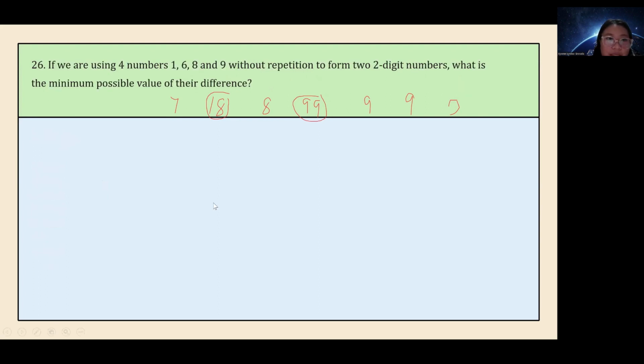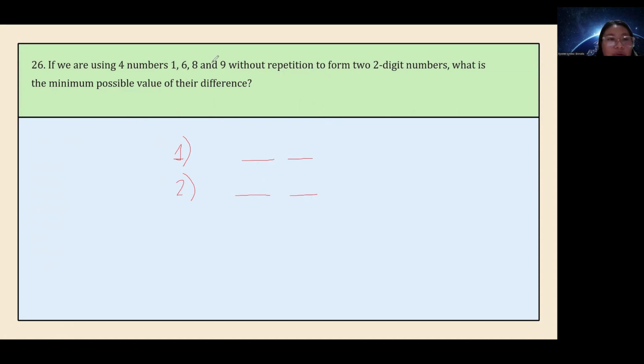Okay, very easy. Next. If we are using 4 numbers, 1, 6, 8, and 9 without repetition to form two-digit numbers, what is the minimum possible value of their difference? So let's have two-digit numbers, 1 and 2. And then we're going to subtract them. So this is the two-digit number. Tens, ones, tens, ones.